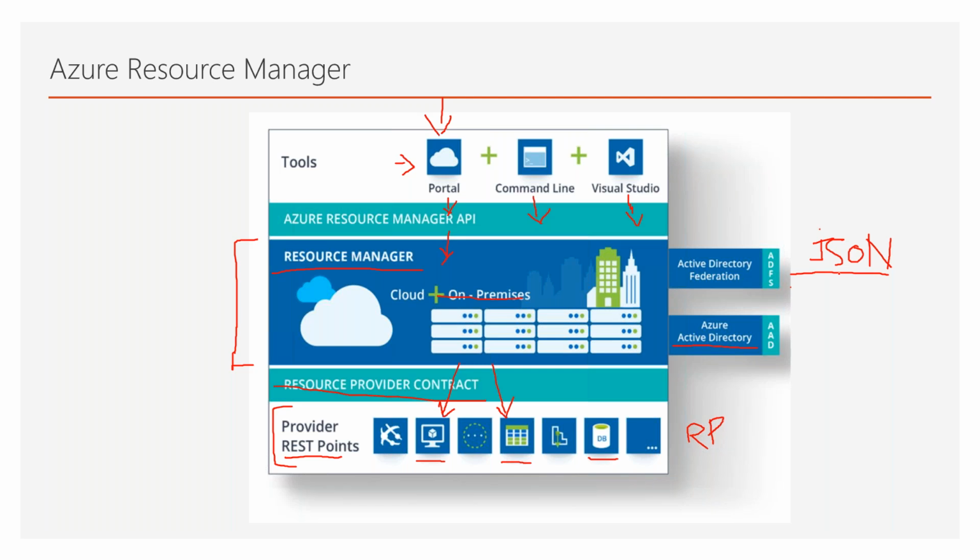If you're working with the portal, it creates the JSON document. If you're working with command lines, you will have to create your own JSON templates and pass them to the resource manager. These JSON documents are called ARM templates.